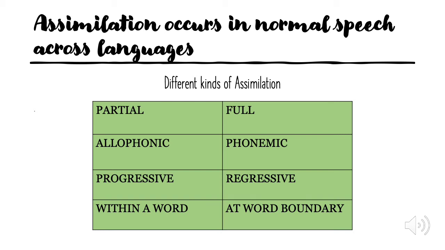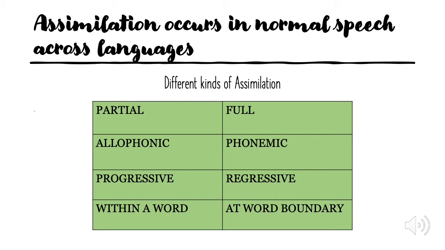Phonemes keep changing in order to be accommodated in rapid speech, and they begin to sound closer to the nearby sounds. Now comes the next stage, where we need to look at the different categories under which we can study these assimilatory changes: the progressive, regressive, full, and partial kinds of assimilation.